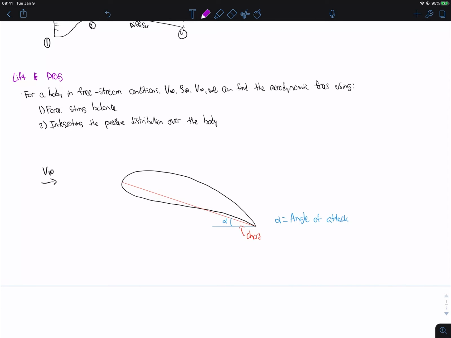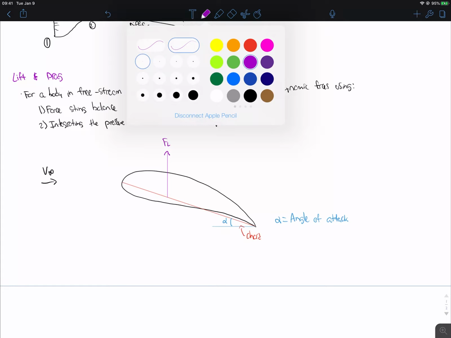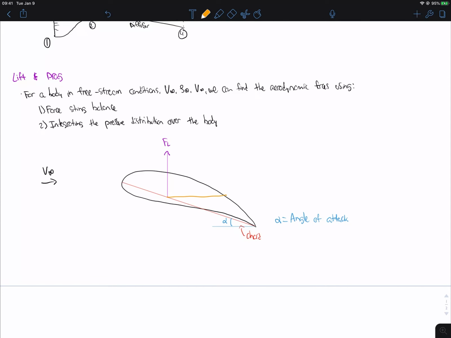Okay, so now let's talk about the forces here. We already said that lift is going to be normal to the flow. So here we have the force of our lift, and then drag is tangential to the flow. So we have our drag right here.